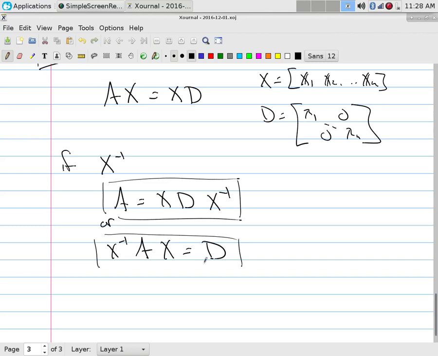The second one is called a diagonalization, because in the first A is being turned into a multiplication of matrices. That's a factoring. A being multiplied by stuff becomes a diagonal. That's a diagonalization, right? So that's a factorization. This is a diagonalization.